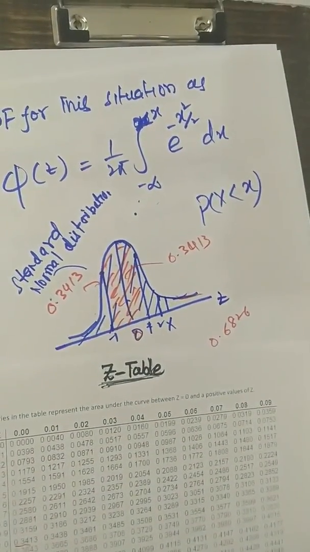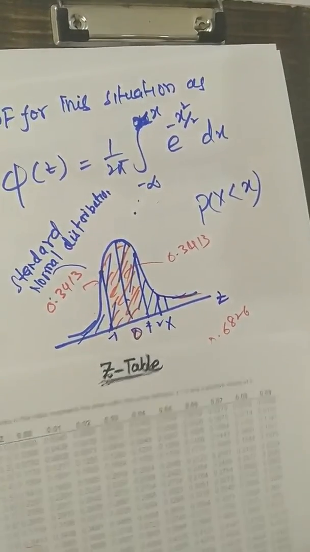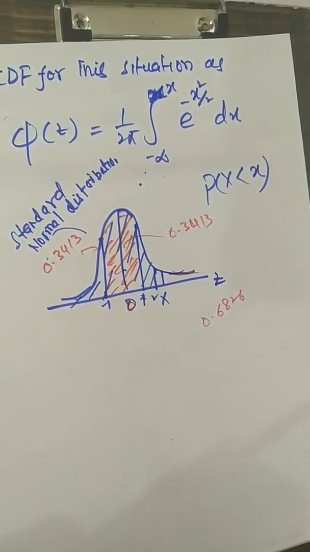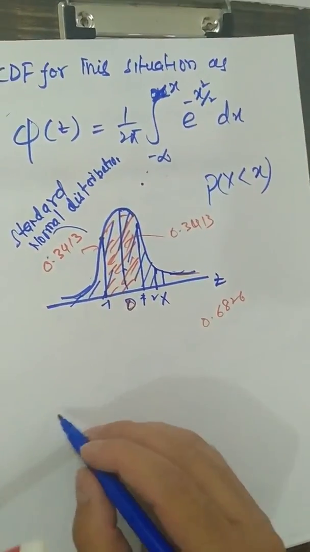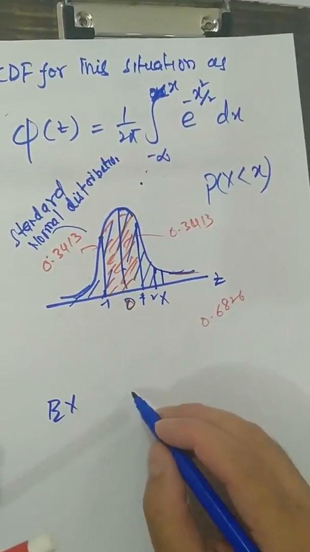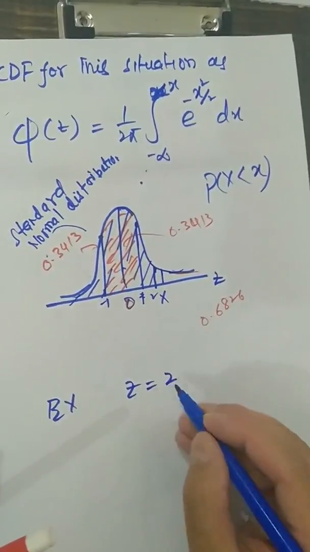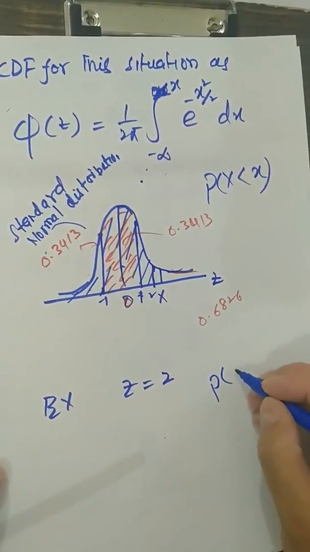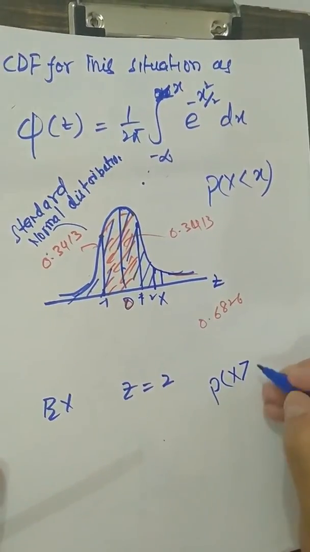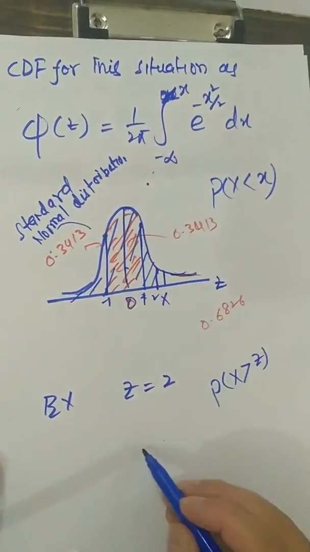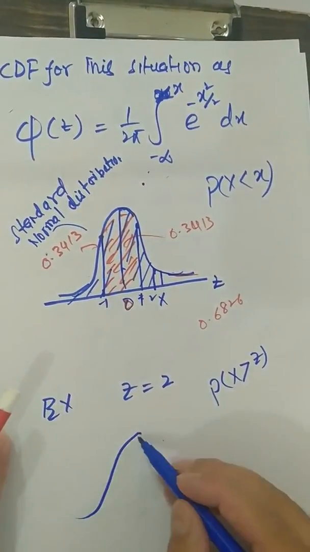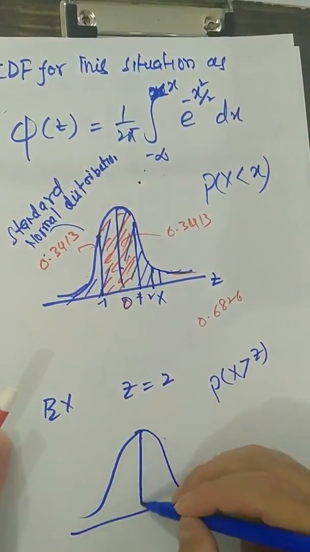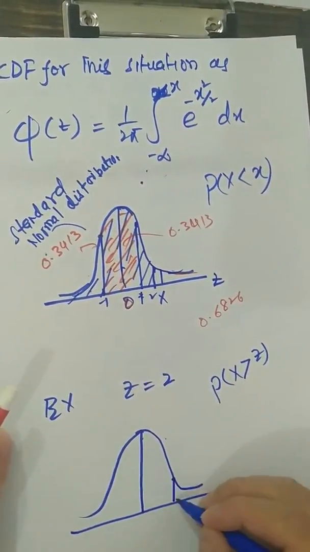Now let's take an example. For z is equal to 2, the probability for x greater than this z, where z is equal to 2.